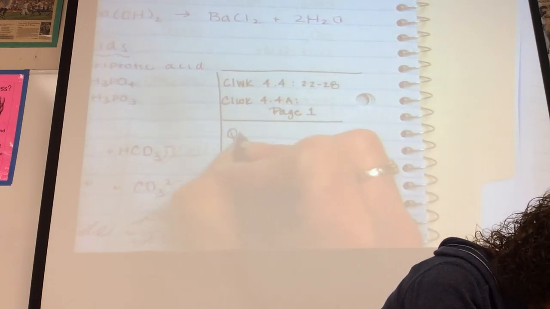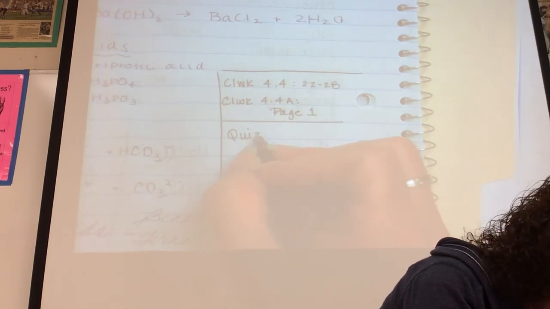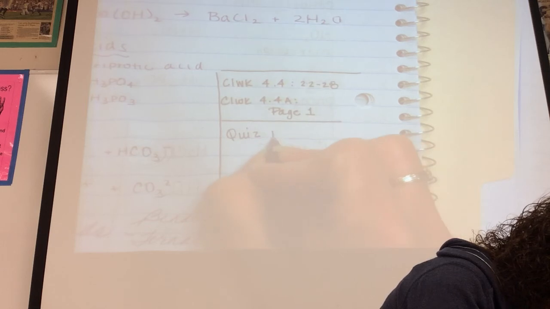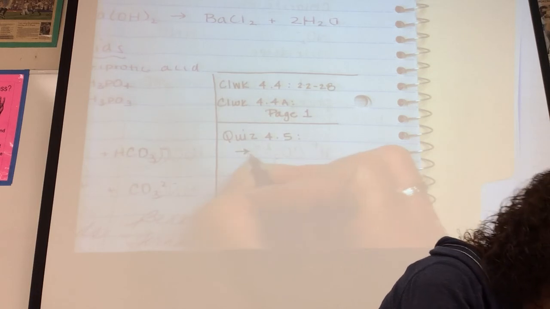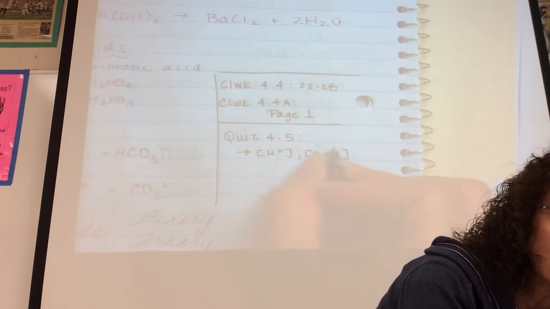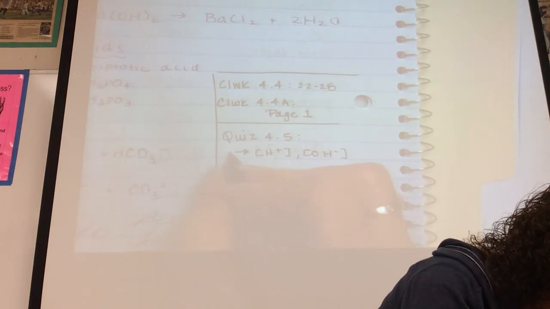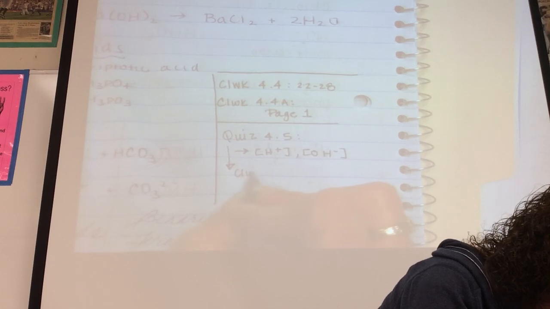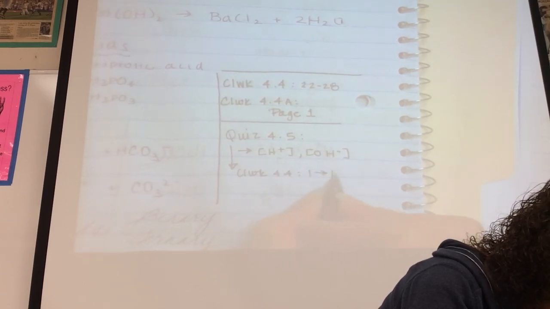In regard to your quiz, which for you guys is not until next week, for your quiz, that goes through proton hydroxide ion determination. I drew that line in your notes, so you should be comfortable with how far to go. In regard to the classwork, you want to be able to do 1 through 19.